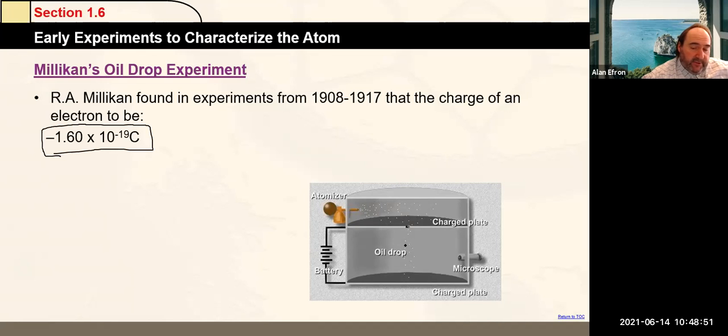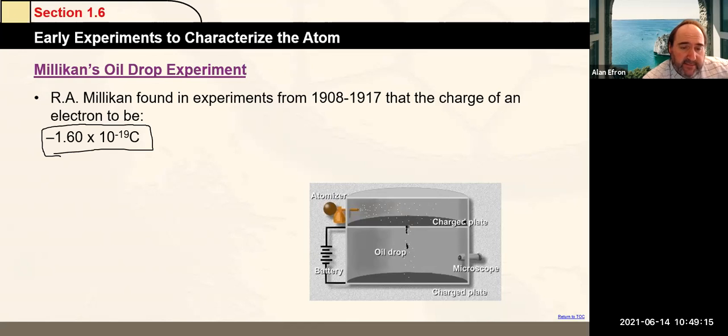Here's a prettier picture of what I drew there. So this is the chamber. The oil droplets would go in through a little hole, and those droplets would come through. He was able to adjust the electrical field in such a way as to stop that oil droplet from dropping.